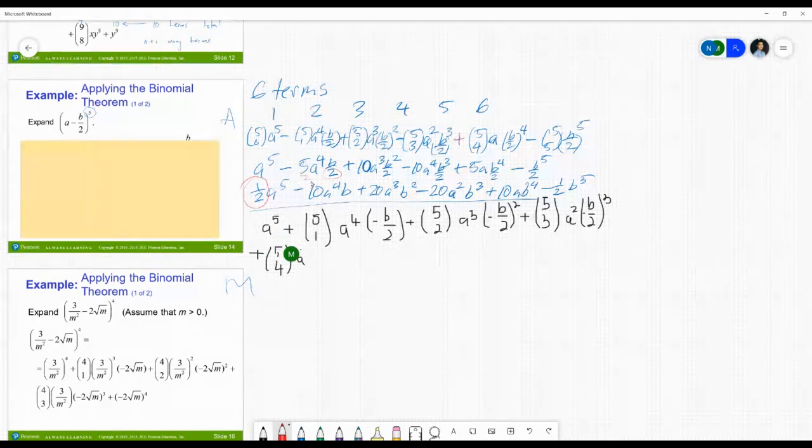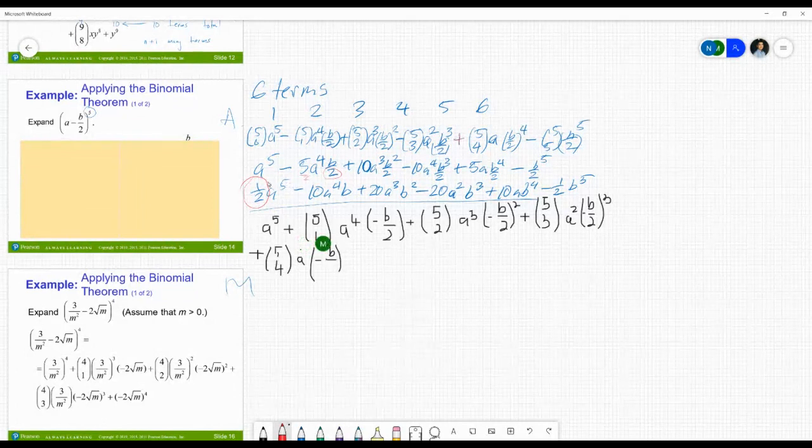Oh yeah, it should be 2a instead, right? Because you're distributing the 2 to it. What 2 are you doing? Hold up. Oh, okay. So it shouldn't be 1/2 at all. It should just be a, and then it should just be negative b to the 5th. No, it's just a to the fifth. Yeah, that's what I said. I said it shouldn't be 1/2 a to the 5th. It should be a to the 5th, and it should be negative b to the 5th at the end.